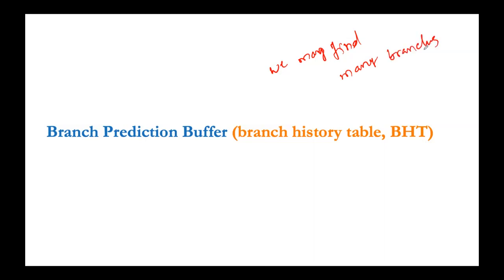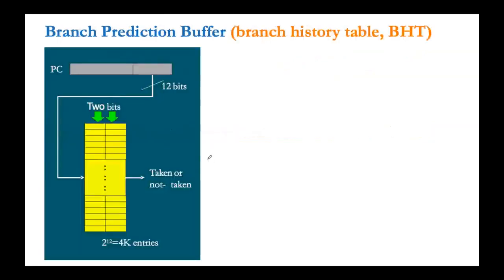So how do we handle them and maintain their history, like we did in the 2-bit saturating counter? To do that, we consider the branch prediction buffer, or what we call the branch history table, BHT.